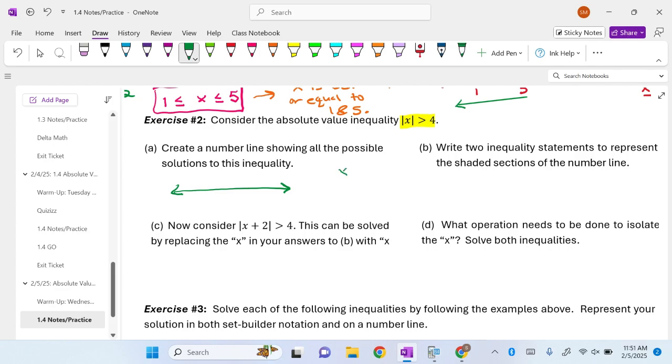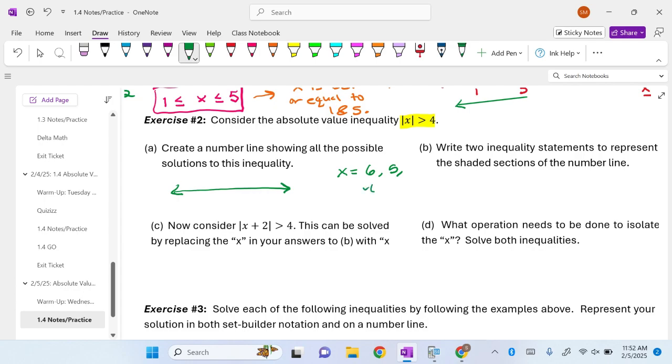So what are some possible values of x that if I plugged it into that highlighted equation would make the statement true? 6 would work because the absolute value of 6 is 6. 6 is greater than 4. What else? 5. Someone else. And again, we're just listing examples. These aren't the actual answers. We're just listing some sample answers.